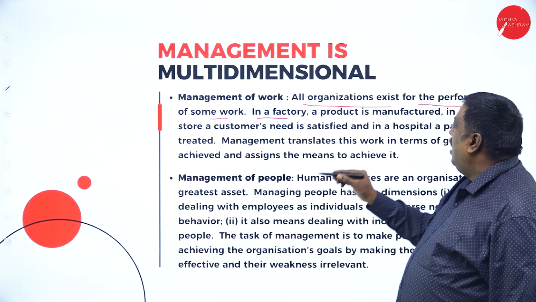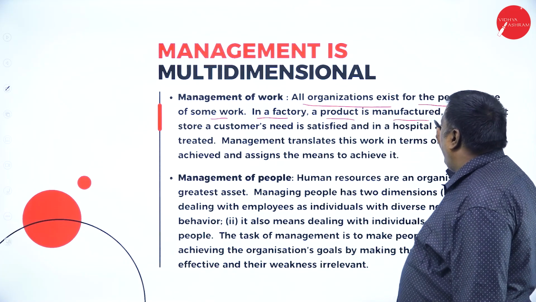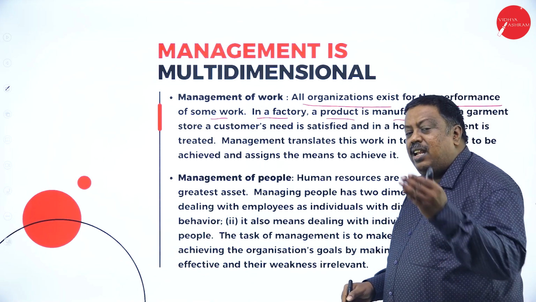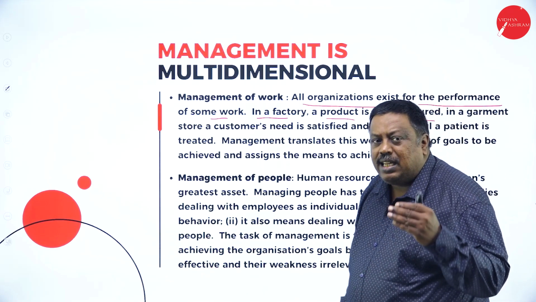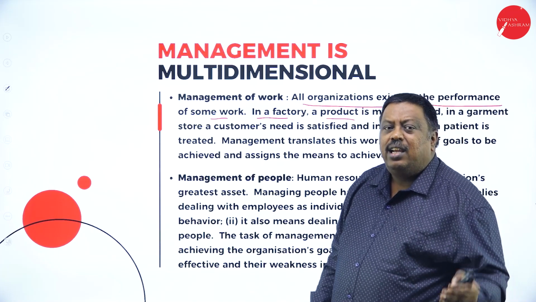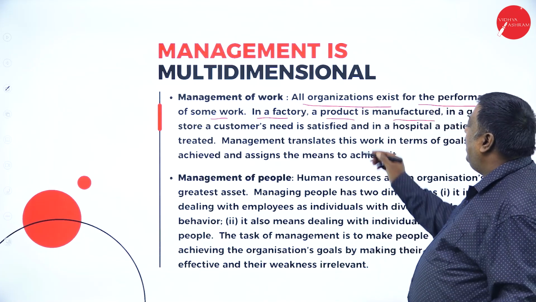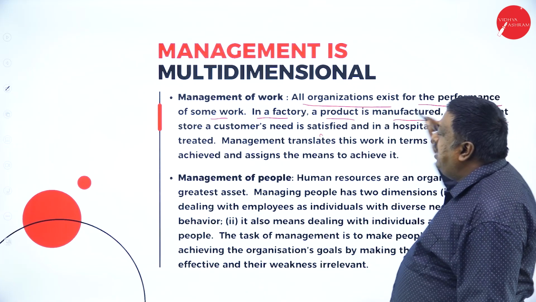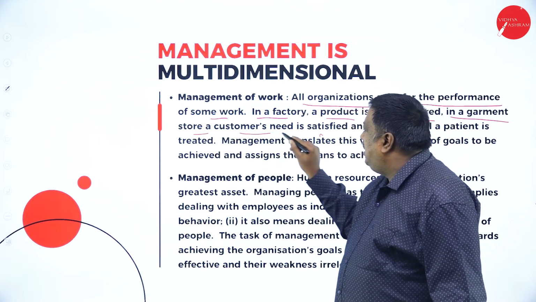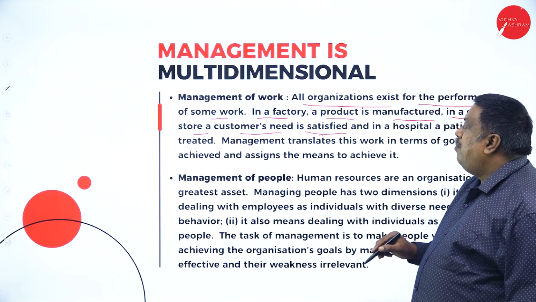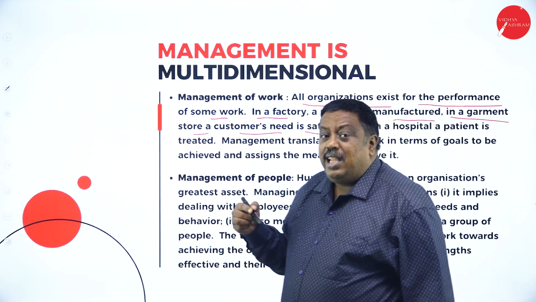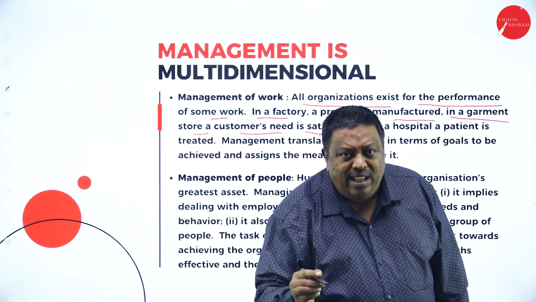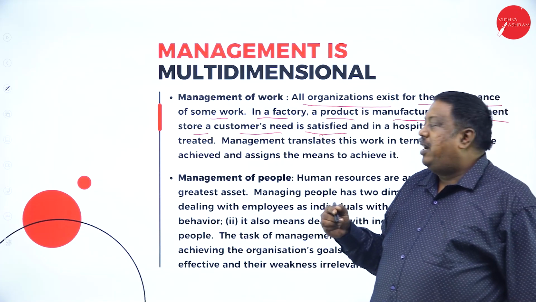In a factory, a product is manufactured, converting raw material into a finished product. In a garment store, a customer's need is satisfied. It means that in any garment sector, they are going to satisfy the needs of the customer.